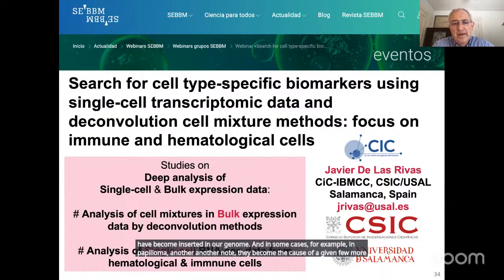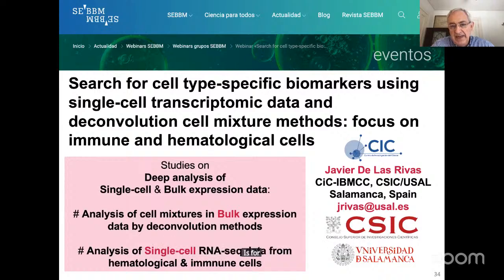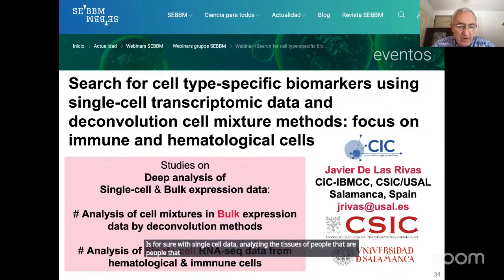So what we can do now, for sure, with single cell data, is analyze the tissues of people from biopsies that maybe have not yet developed a tumor, but are candidates, and you can see if the parasite cell or the parasite marker is there.